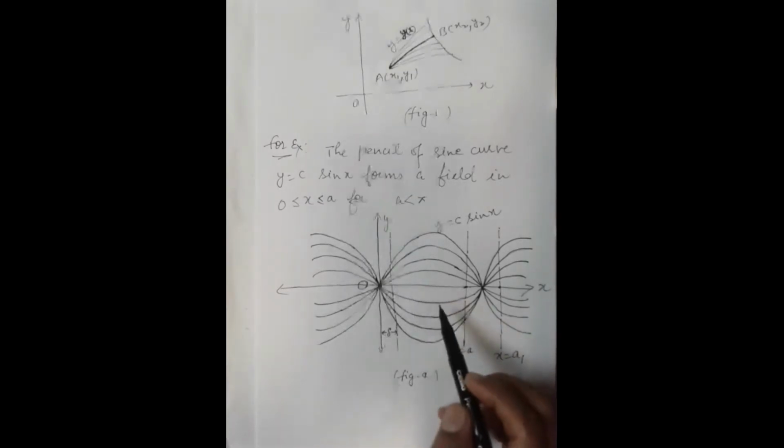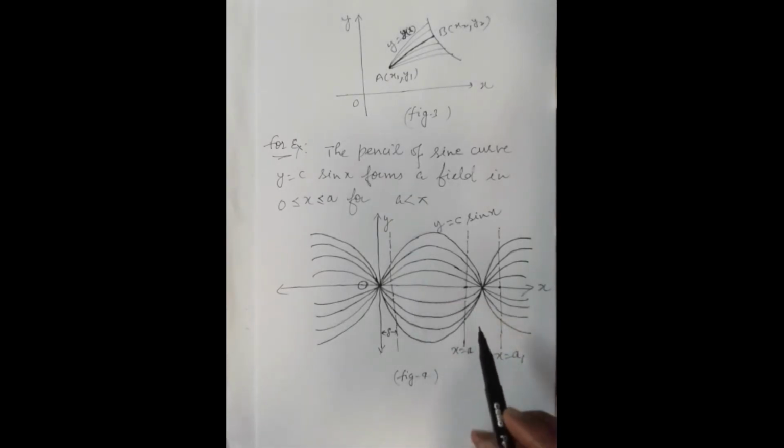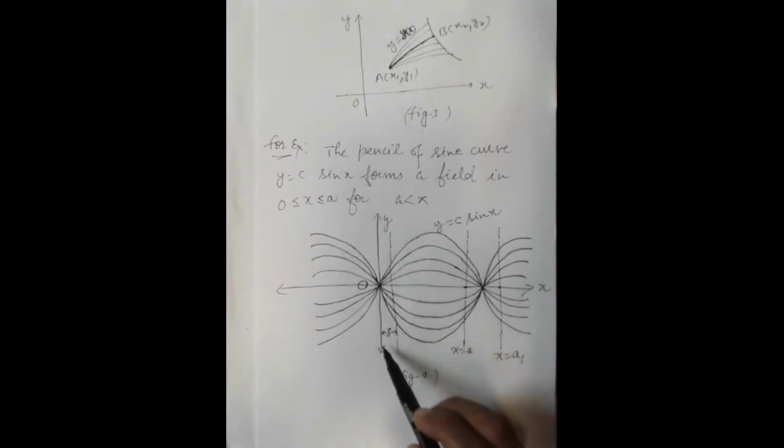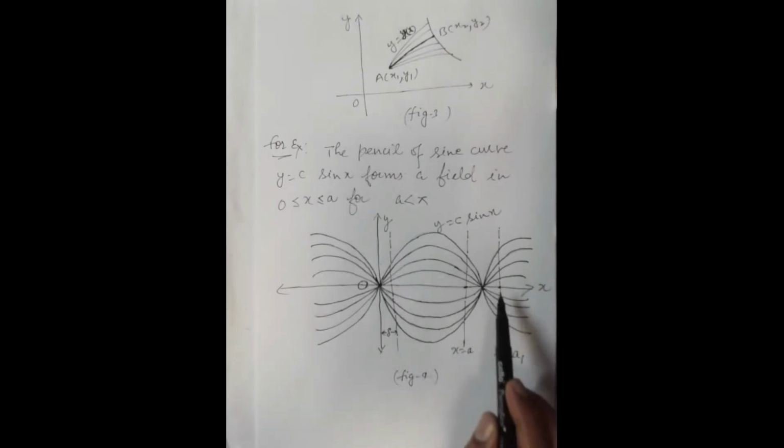This pencil does not form a field in the neighborhood of the segment x less than a1 and greater than or equal to 0, where a1 is greater than pi.